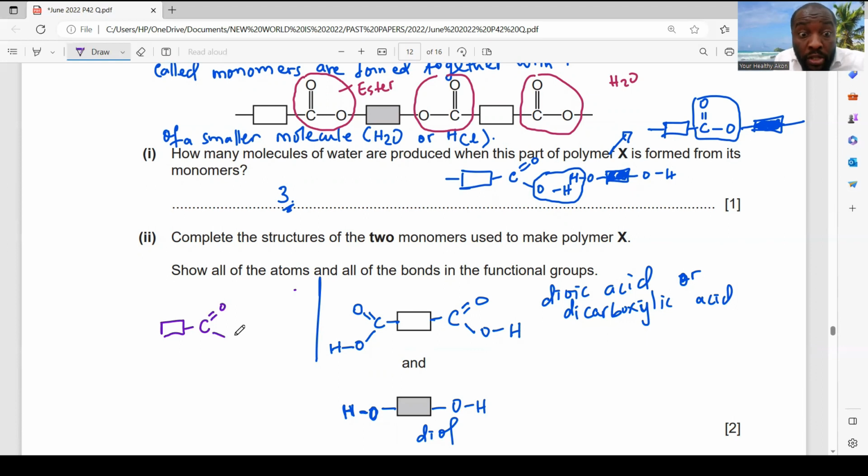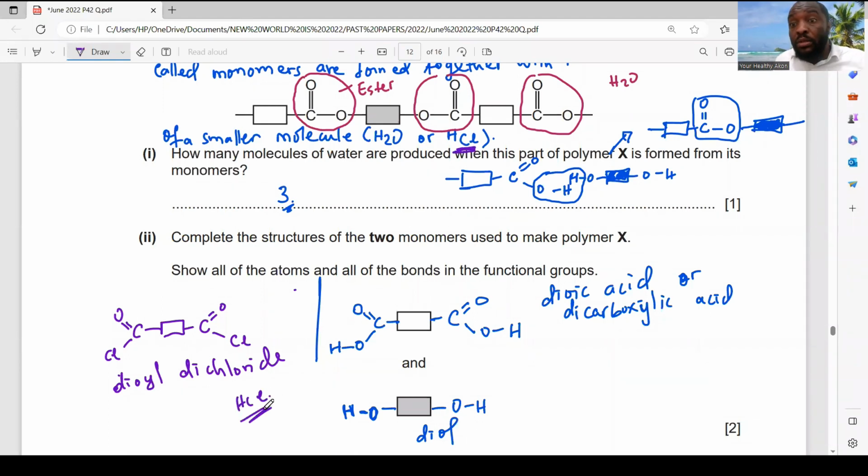So instead of an OH, you're going to have a chlorine atom there. So this is a dichloride. If this monomer is used, then instead of a water molecule being lost, you're going to have HCl being lost. So take note of that. These are the different monomers you could use for that condensation polymer.